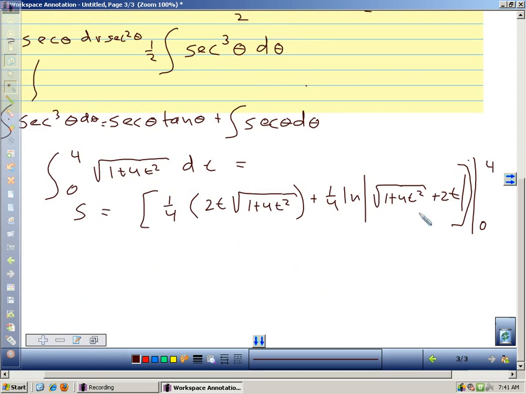And if you plug this in and evaluate, you get finally that the arc length is approximately 16.82 units.